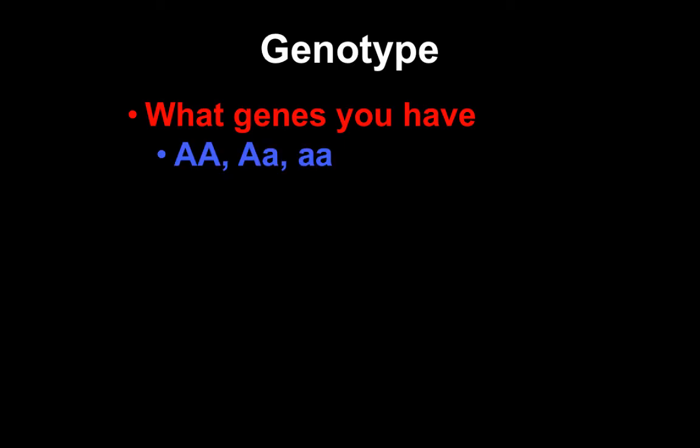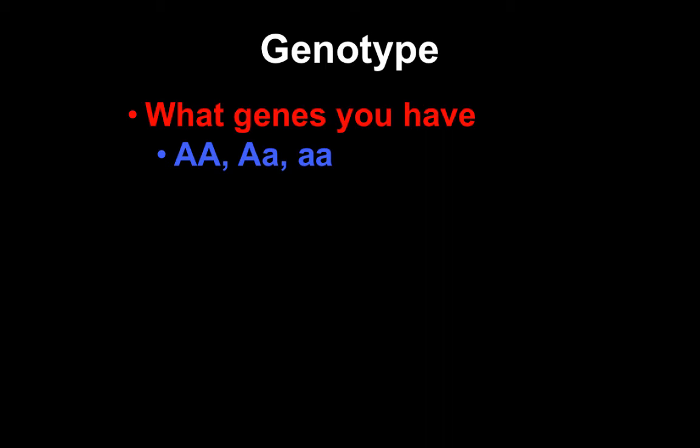So when I use the term genotype, that means what genes you have, or what alleles. So that's what I'm going to say, things like if you're big A, big A, or little a, little a, those are your genotypes. And we're always going to use two letters because we have two genes. Now, those genes, remember, determine your traits.